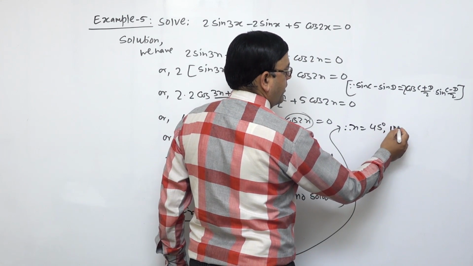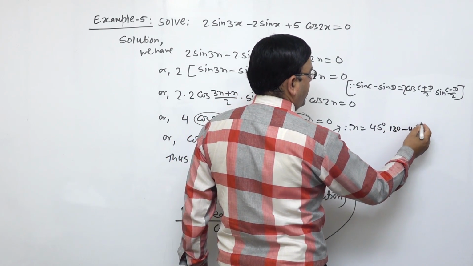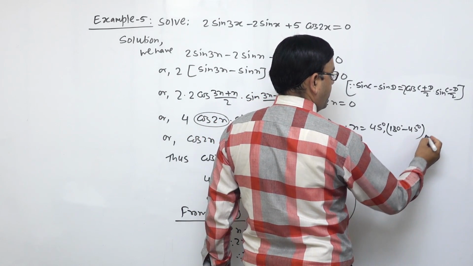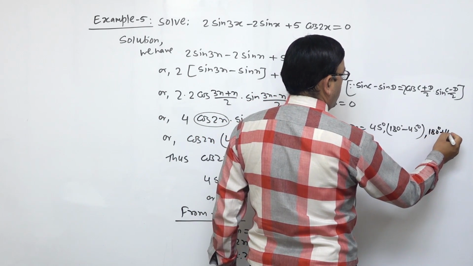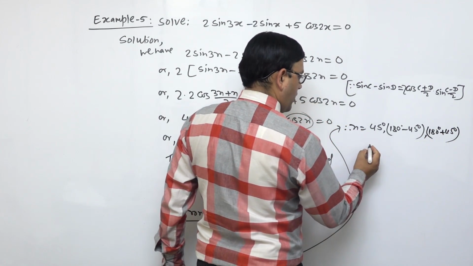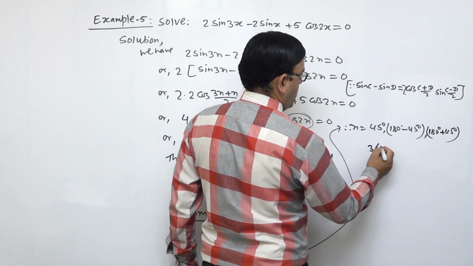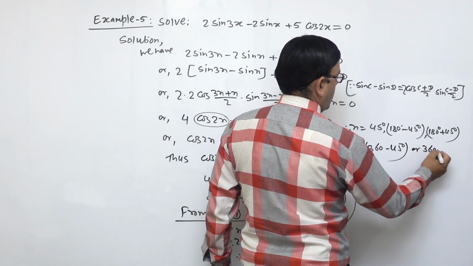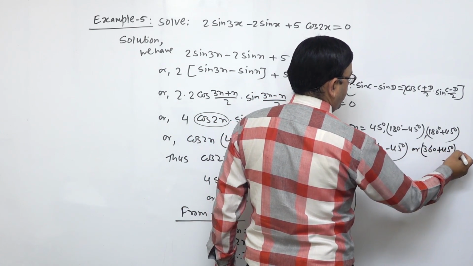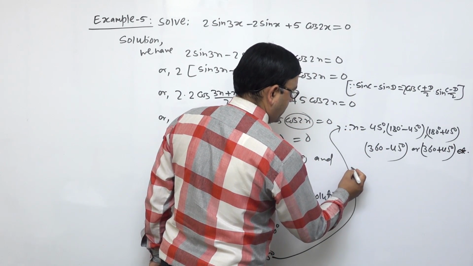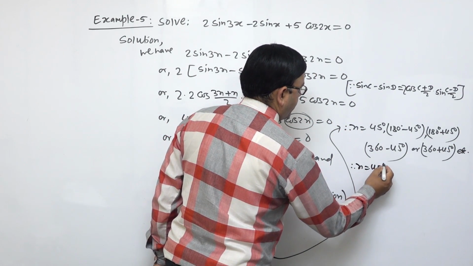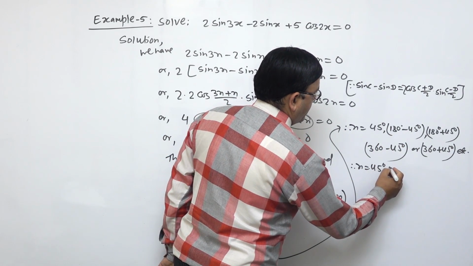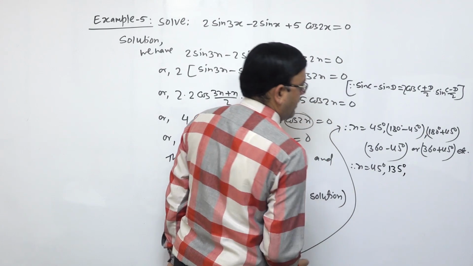Similarly, next one is 180 plus 45 degree, next one is 360 minus 45 degree, next one is 360 plus 45 degree, etc. So we can write x is equal to 45 degree, and then 180 minus 45 is 135 degree.